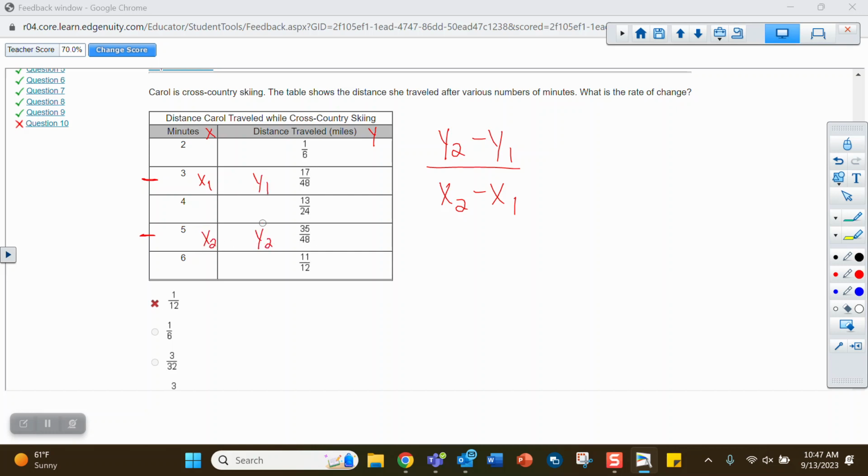So I'm taking 35 over 48 minus 17 over 48, and that's all over 5 minus 3. So up on top, again, I do have common denominators. And so when you're subtracting fractions, you need a common denominator, and then you just subtract the top number and put it over the bottom. So 35 minus 17 is 18, so I get 18 over 48, and that's all over 2.